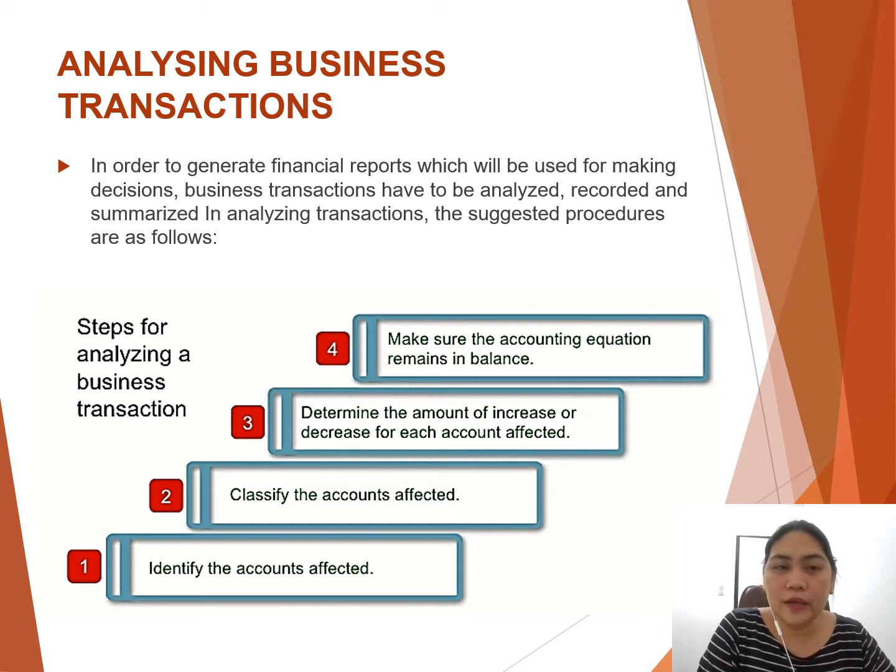Nandun yung inventory, nandun yung prepaid expenses. Ayan. Kaya nga, diba, kailangan i-familiarize nyo yung mga yon kasi magagamit nyo yun sa pag-a-analyze ng transaction. So, pag na-analyze mo na, for example, asset nga yung affected, anong specific asset naman yung affected ng transaction? Yun ang kailangan mong gawin dun sa second step.